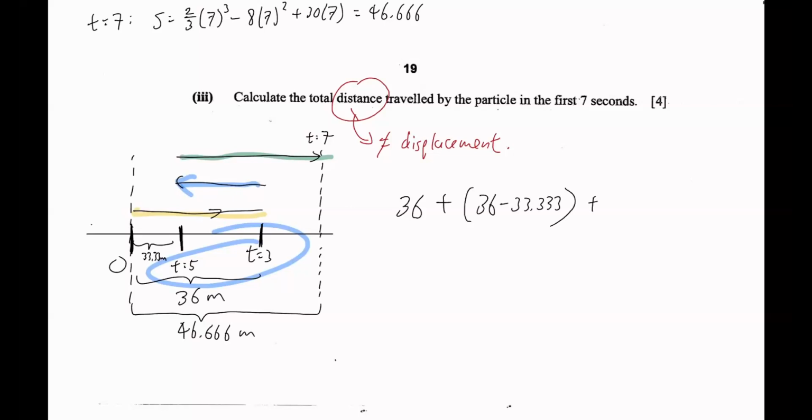What is green? 46.666 minus 33.33. Correct. You could take the blue distance and then you add on 46.66 minus 36. It's the same thing. Then that's your distance.